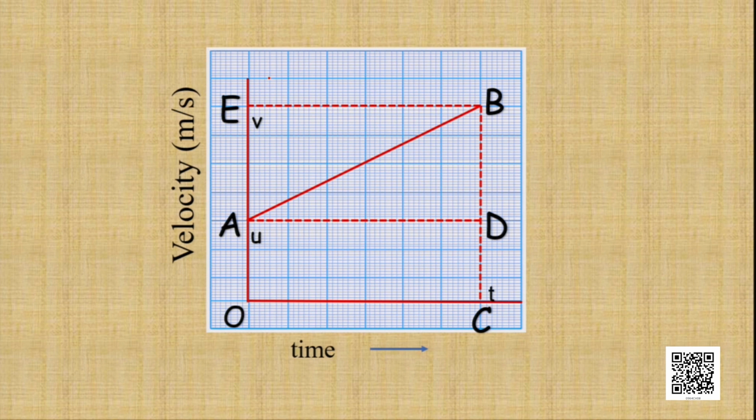Now we can write BC = BD + DC. OADC is a rectangle, so OA is parallel to DC and OA is equal to DC. So in place of DC we can write OA.